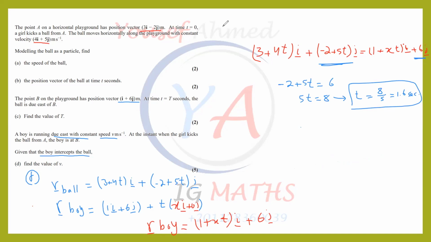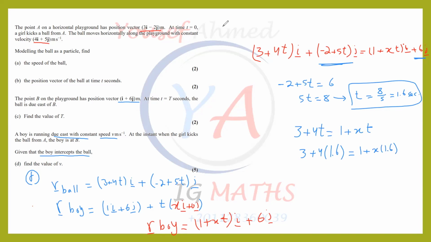Now you can equate the i components together. x here represents the velocity. So it will be 3 plus 4 times 1.6 is equal to 1 plus x times 1.6.